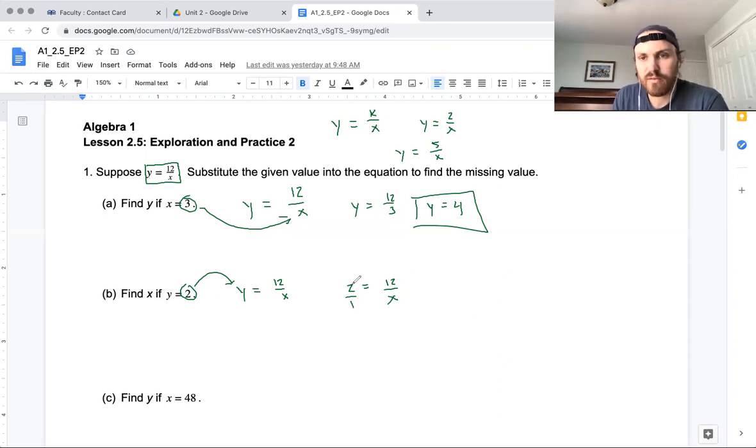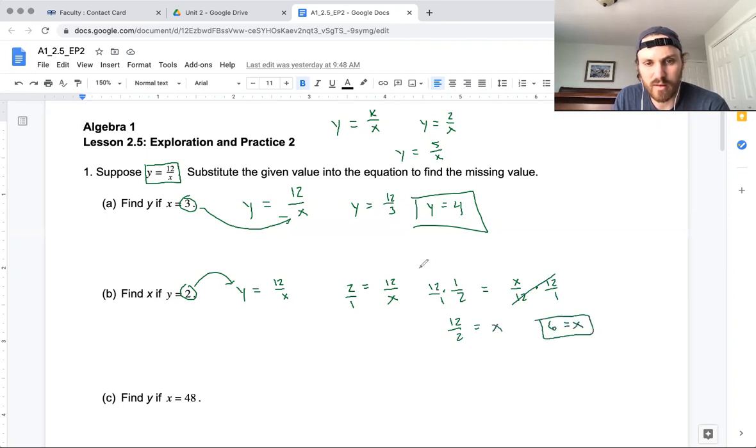Then I can use my strategies for solving a proportion to find x. I could flip both sides and say 1/2 equals x over 12. Since I have x divided by 12, I could multiply by 12 over 1 on both sides. Then this will divide and I just have 12 over 2 equals x, or 6 equals x.